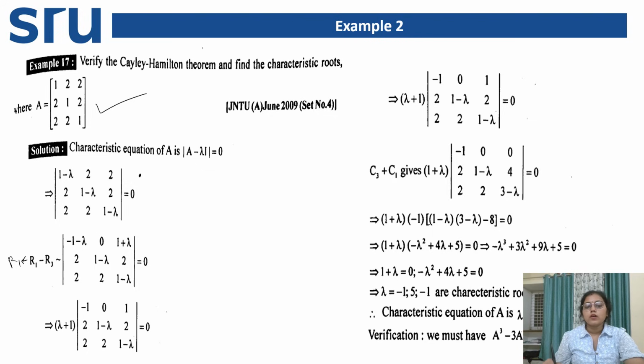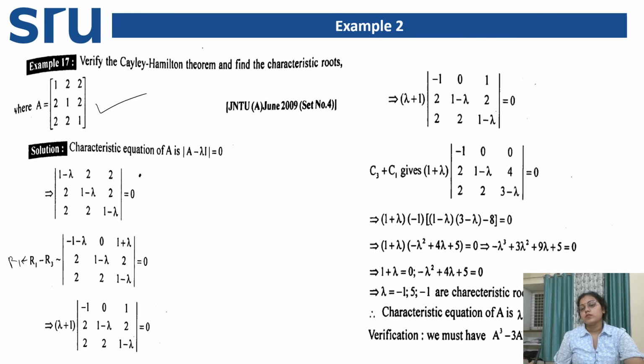Now you have to take one common factor from this row, that is lambda plus 1. So you get minus 1 here, 0 here and 1 here. Now do one column operation here, that is column 3 plus column 1. So you get 0, 4 and 3 minus lambda here. Now these two places are 0, so the calculation is very easy.